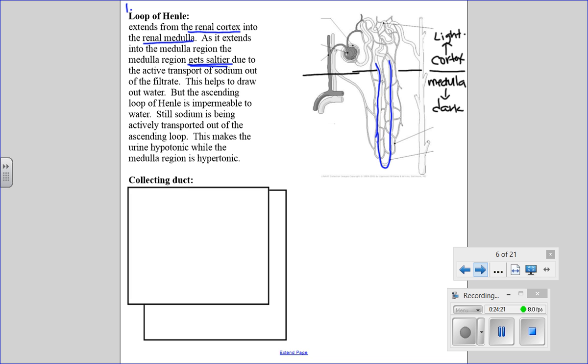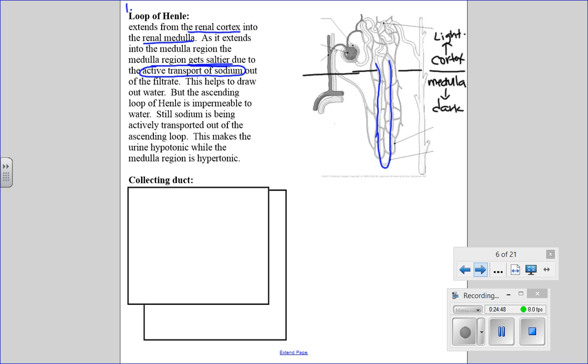You actually require some of this so that your kidneys can function properly. But there is the active transport of sodium. That means that your body is using ATP to force sodium to leave the filtrate, so to leave your urine, and go back into the bloodstream.